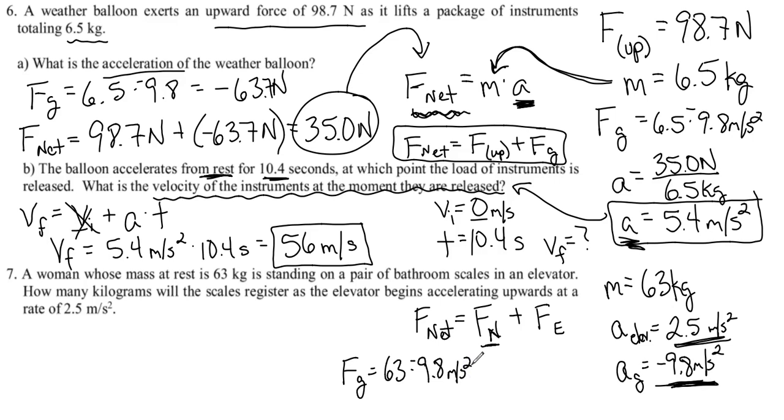So the force of gravity acting on the woman is negative 617.4 newtons, which means that the normal force is the opposite of that, positive 617.4 newtons. Then we need to add that to the force of the elevator.